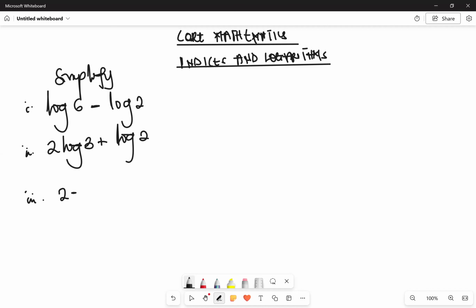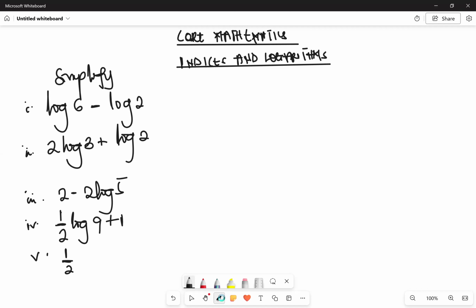2 minus 2 log 5. Half log 9 plus 1. This we solved a while back in our previous session.